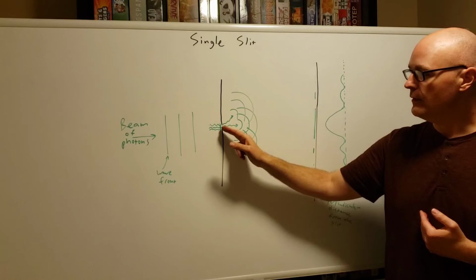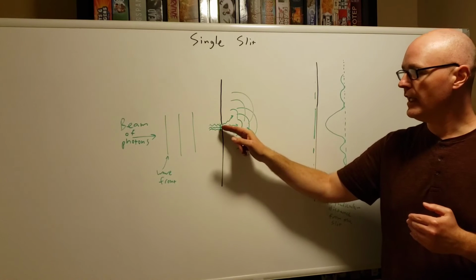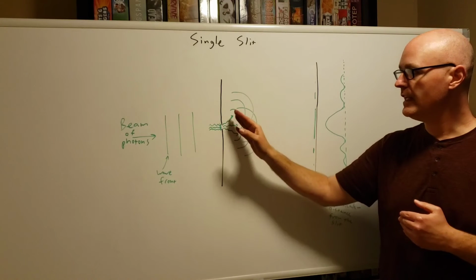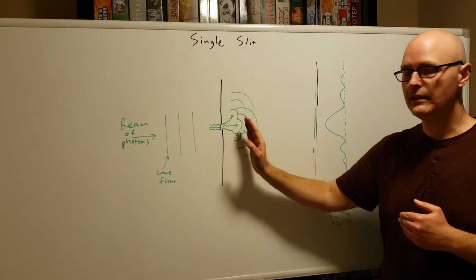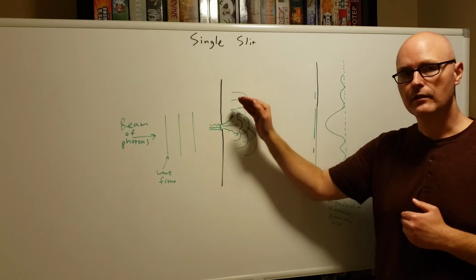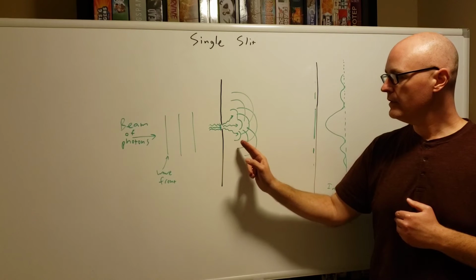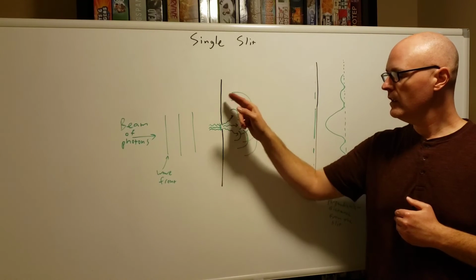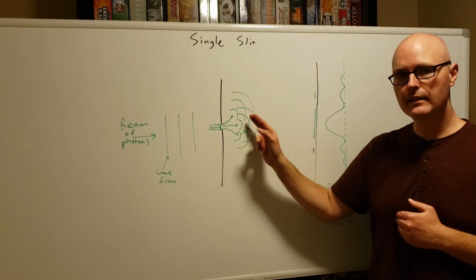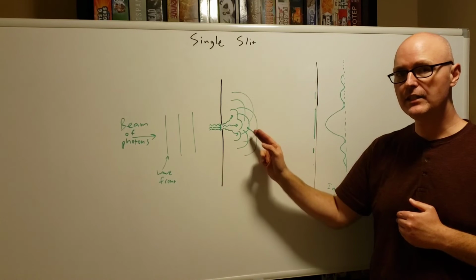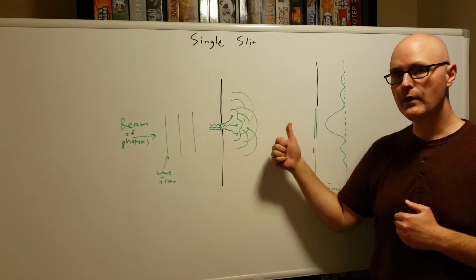So imagine these individual photons, they bend in different directions and they have wave fronts for these individual sets of photons. We can see that some of them will constructively interfere and some of them will destructively interfere as they are traveling.